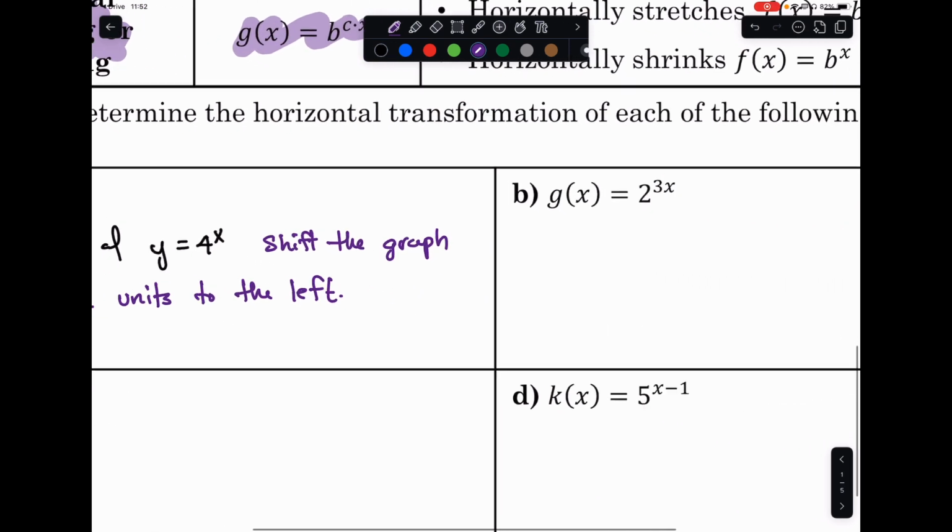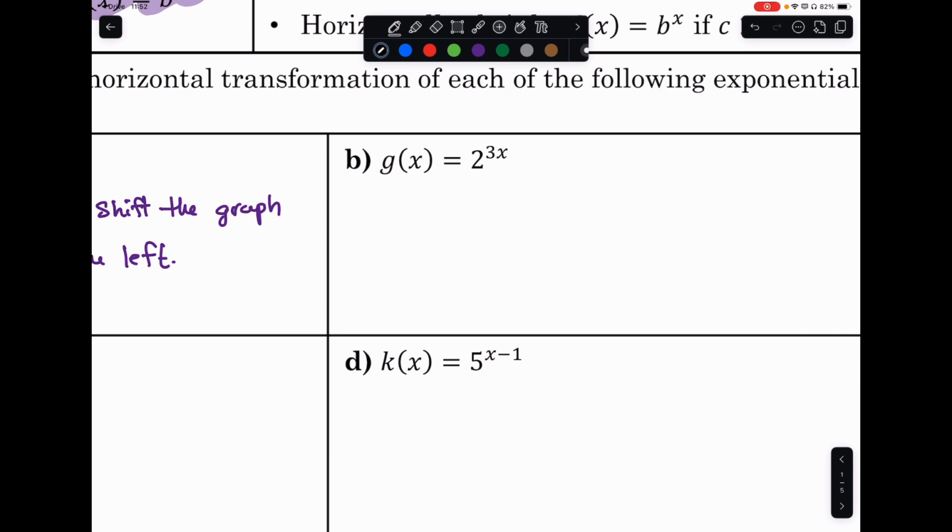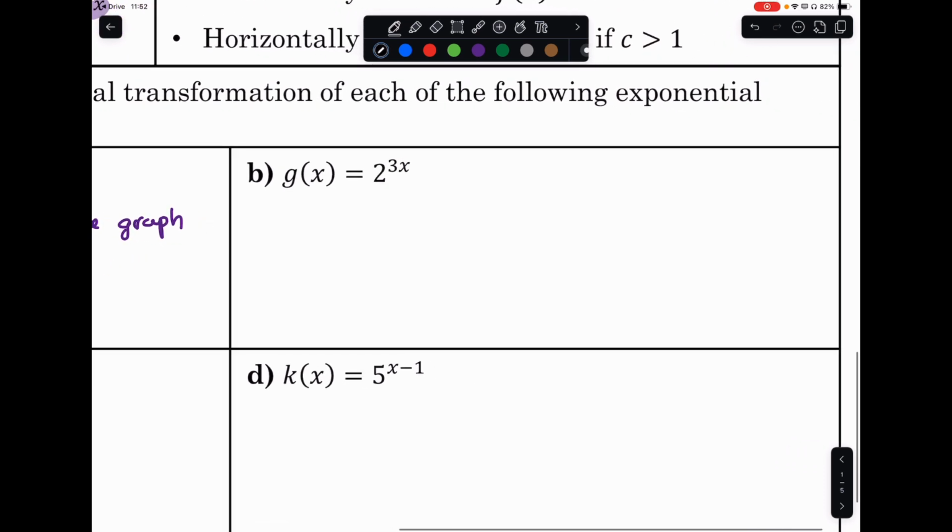How does that compare to letter B? Letter B, g equals 2 to the 3x, is going to have the same graph as y equals 2 to the x.